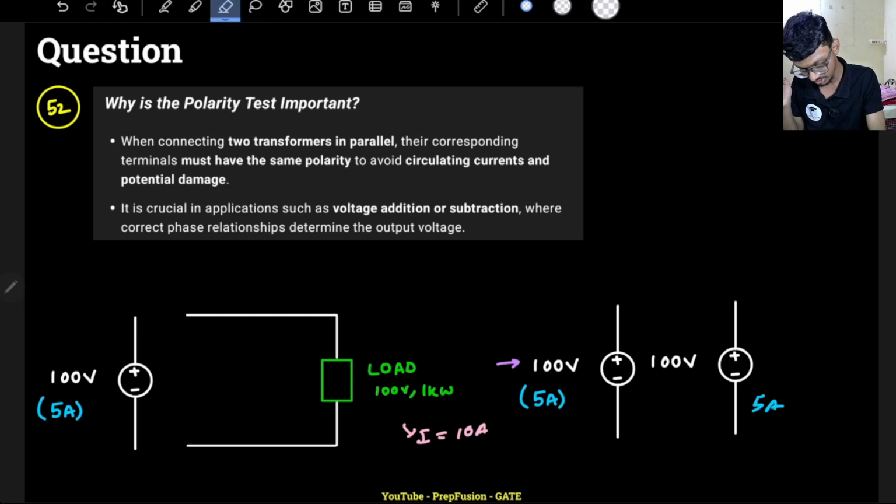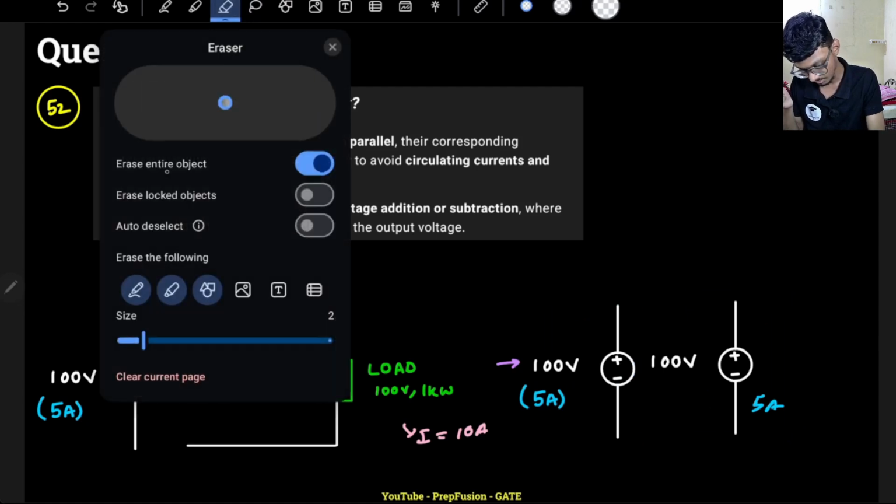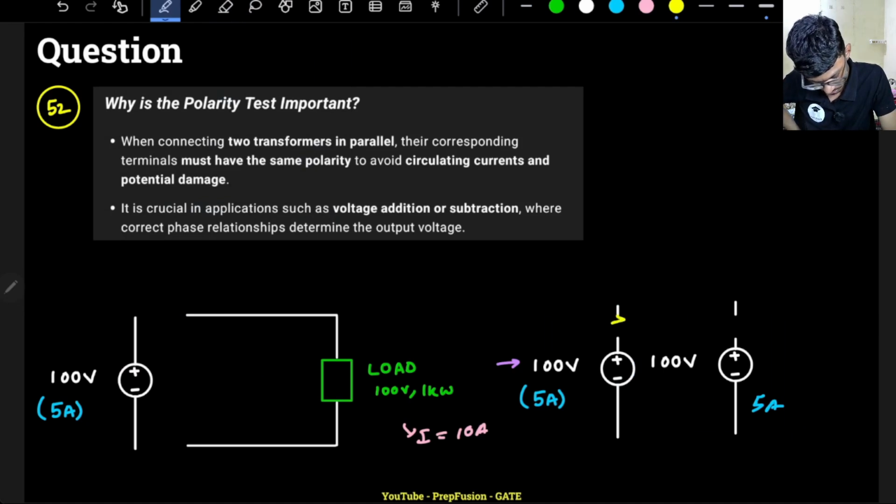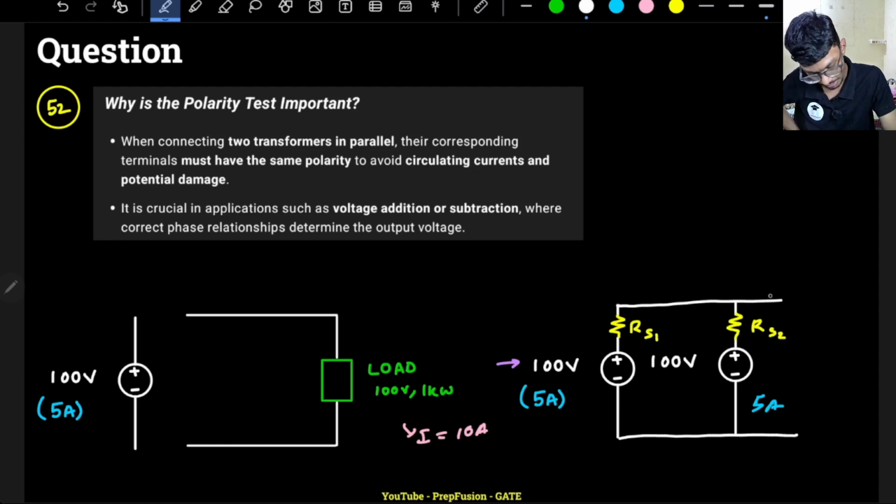Let's assume that each source has some source resistance, RS1 and RS2, and here is my load.